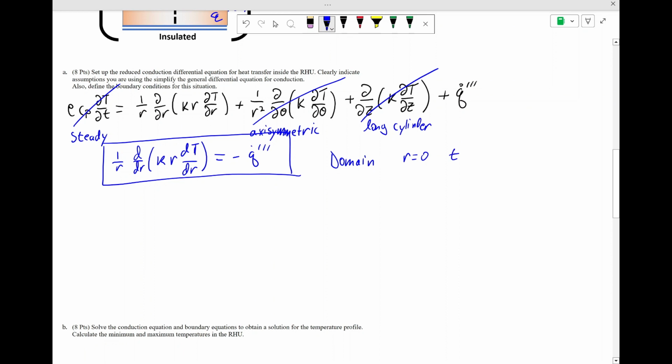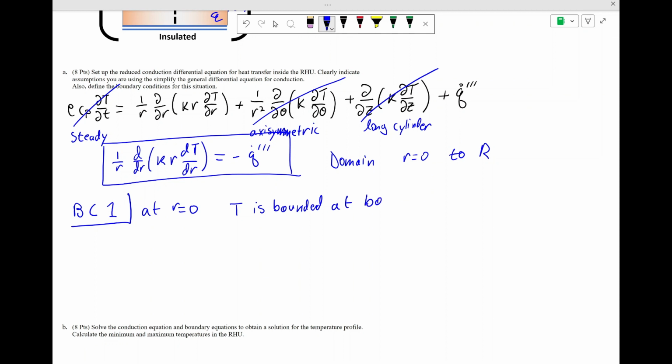Our domain is from r equals 0 to the outer radius of the cylinder, which we're going to call big R. It's a second order differential equation, and we have two boundary conditions, so we need to specify our BCs. Our first one, BC1, is at r equals 0. Since this is a cylindrical coordinate problem and r equals 0 is inside the domain, we have a special rule at that center axis, which is that temperature is bounded at r equals 0.